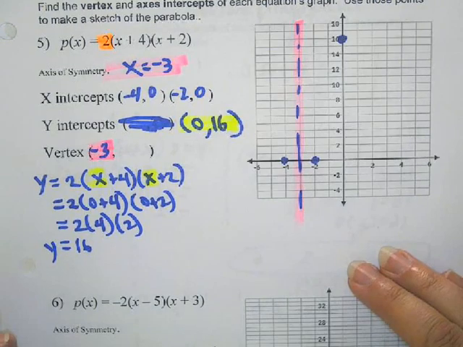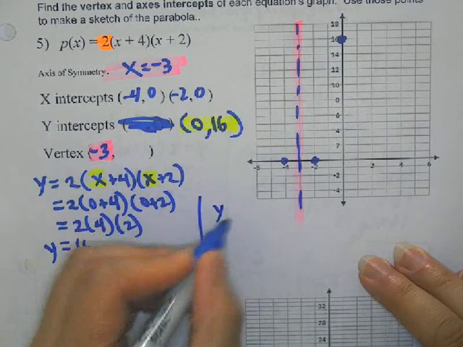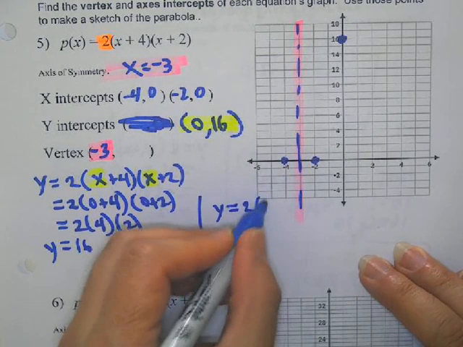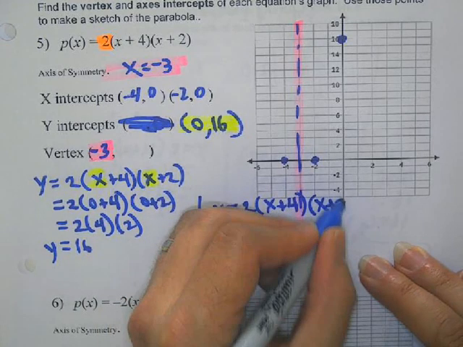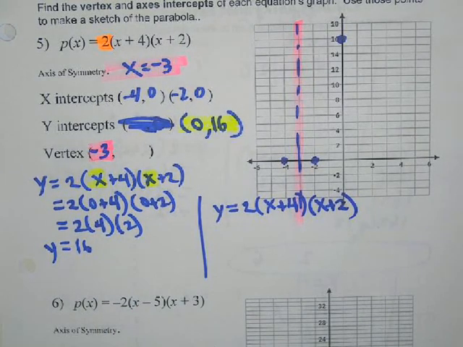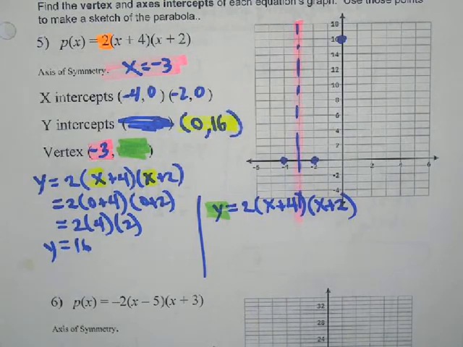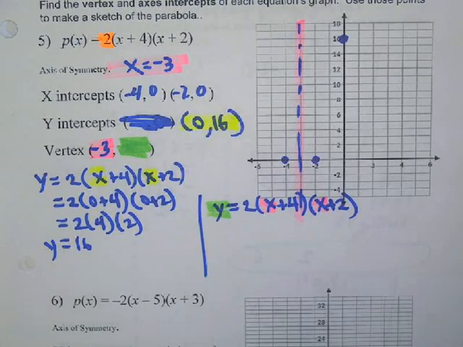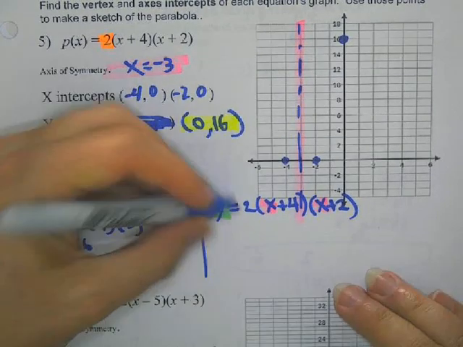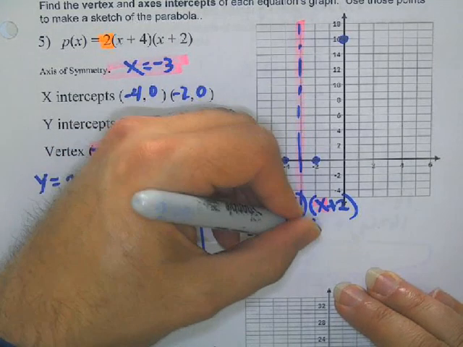Now the vertex. So to figure out the vertex, this y value of the vertex, I'm going to replace x with negative 3. So then we get 2 times negative 3 plus 4, and times negative 3 plus 2.